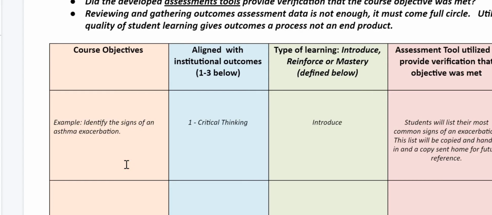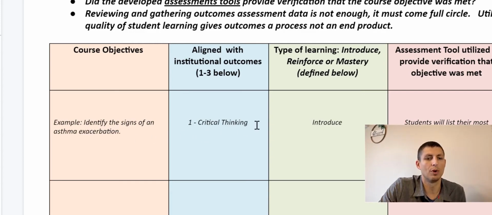How does it align with those institutional outcomes that we looked at last week? Well, this one happens to align with number 1, which is critical thinking. So in this box, we're going to put number 1, critical thinking, because the course objective aligns with the institutional outcome. And it's important that we link those 2 things together.